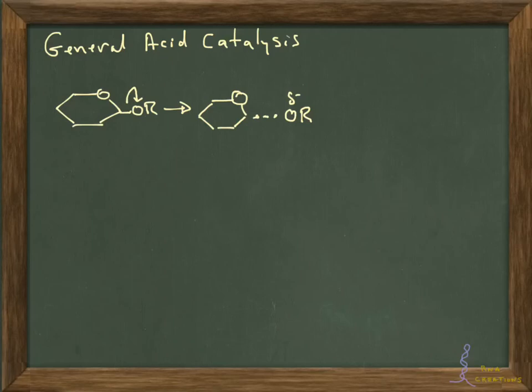And if you break this bond heterolytically, so that both of the electrons go onto that oxygen, then this guy here is delta plus, and so that's a transition state for the uncatalyzed reaction.